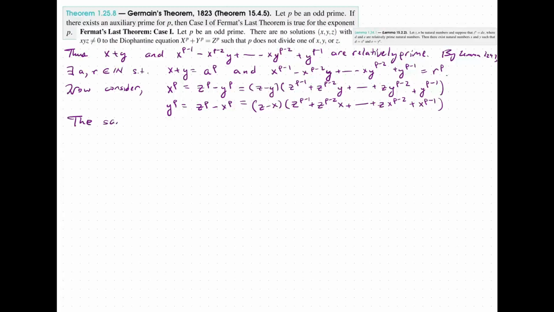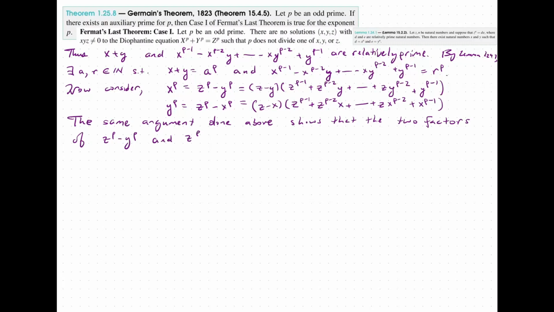So the same argument as above shows that the two factors of z to the p minus y to the p and z to the p minus x to the p are relatively prime. And as a consequence, we can then apply lemma 124.1 once more.